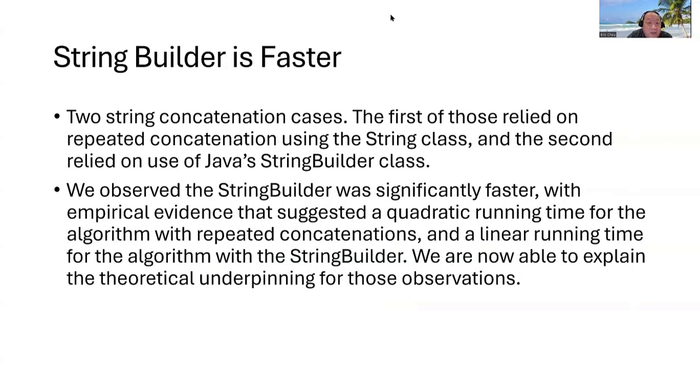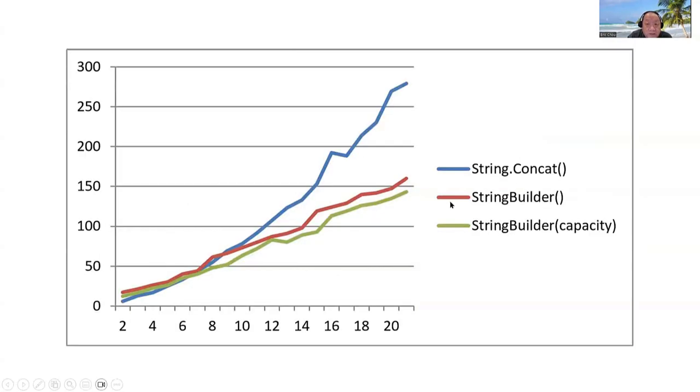Okay, performance-wise, string builder is the fastest. Here string concatenation is faster, string builder is actually second. This one means that you use the concatenation method. If you use a plus, this is slower, okay? Use the concatenation.